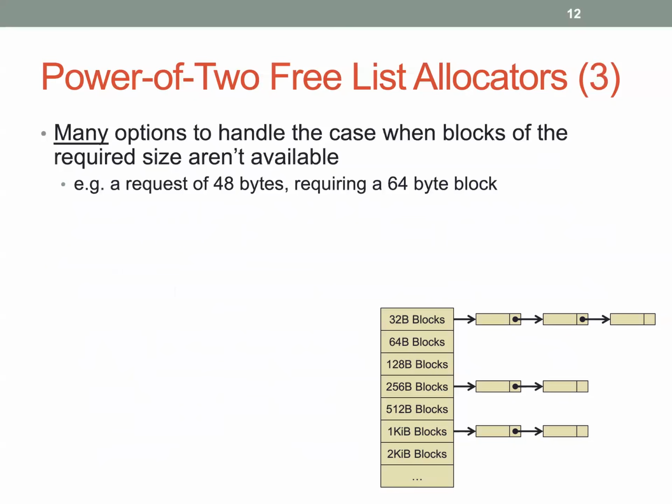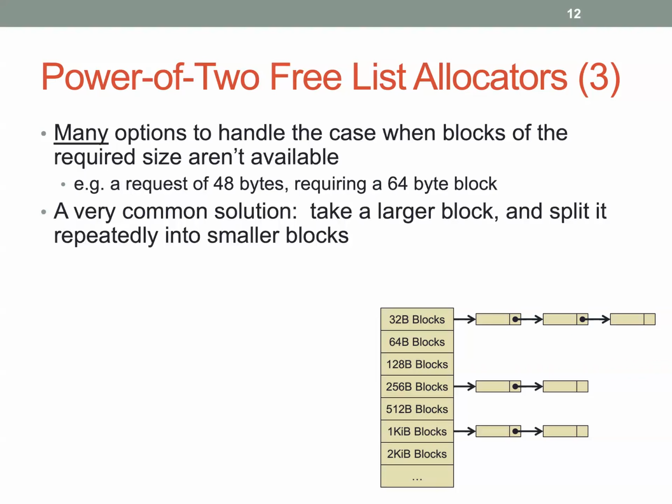Okay? So if you have a situation, for example, where you have a request for a 64 byte block, well, it's pretty easy to handle this, because what the allocator can do is simply go up the block sizes until it finds one that's large enough, and then it can just split it.